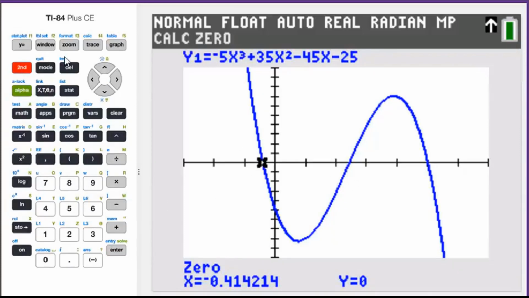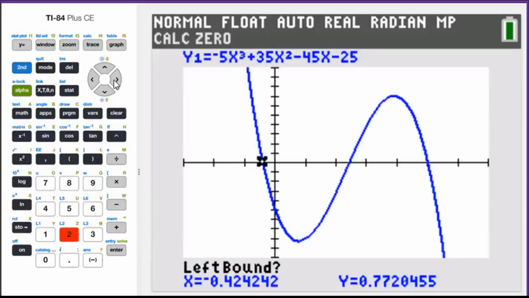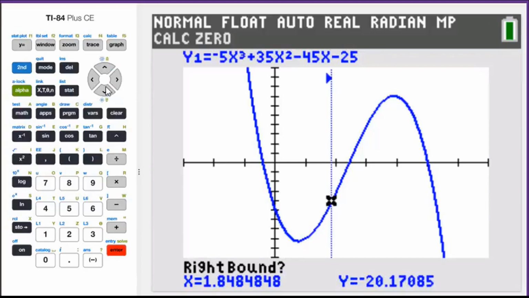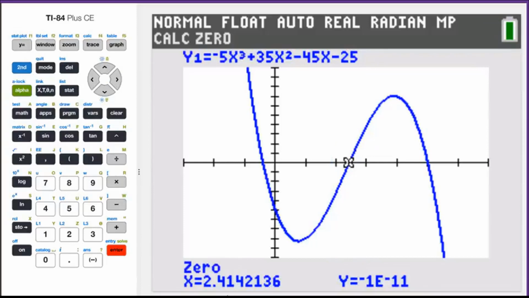I'm looking for the second 0. So second trace, 2. Then move the arrow to the left side of the second 0. Enter. Then I need to move to the right side of this 0. Enter. Enter again. Yeah, that's the second 0.